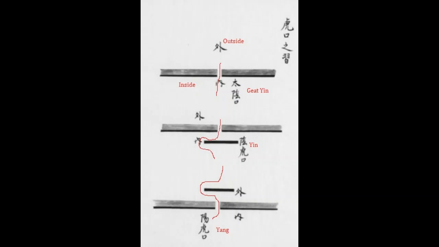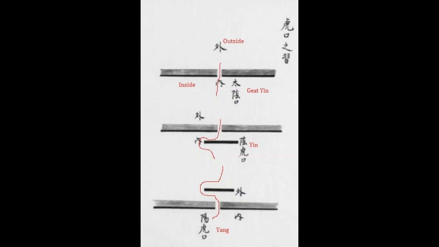So within the fundamental teaching, if there's no barricade whatsoever, it's called Great Yin, because there's nothing, it's completely receiving. If you have a barricade of some kind on the inside of the castle gate or the opening, then it's called a yin opening because it receives.